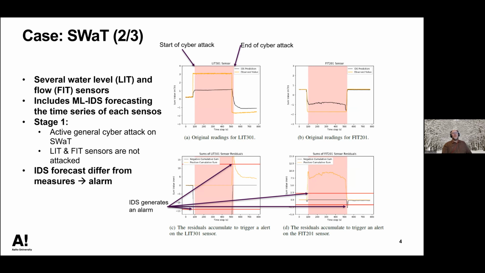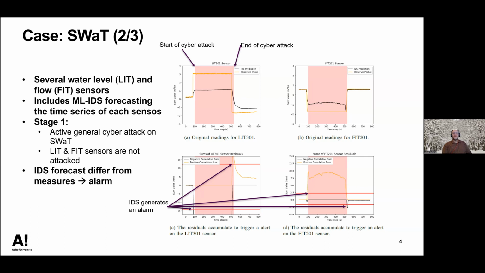Basically, the water level goes up too much, but as the prediction, the black line, the change in normal conditions should not be that high, so it will raise an alarm.